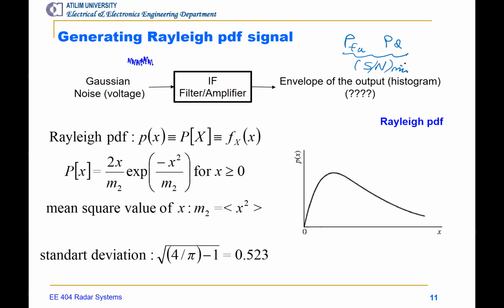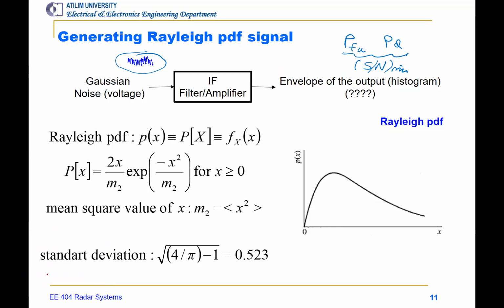So noise simply is very critical. So here we'll be evaluating what happens if we got a noise at the input of the radar receiver. If there is no echo signal coming from the target, then we expect noise is coming into the receiver. So what will happen then? Here we show what happens if we got a Gaussian noise at the input.